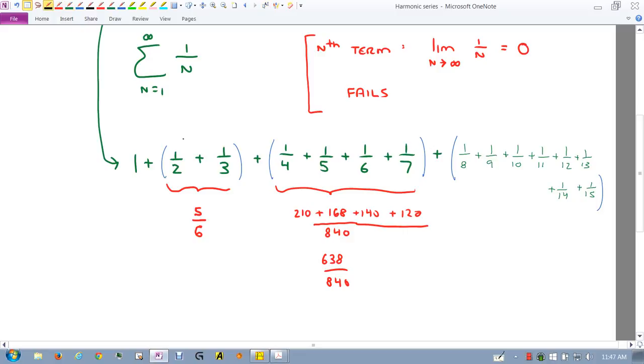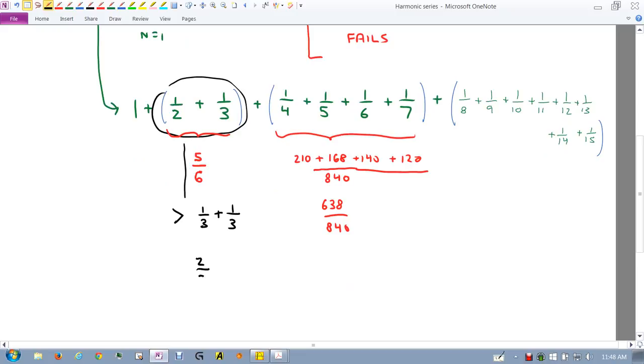This right here, do you agree that that's bigger than 1/3 plus 1/3? Is it? Yes? Which is what, 2/3?